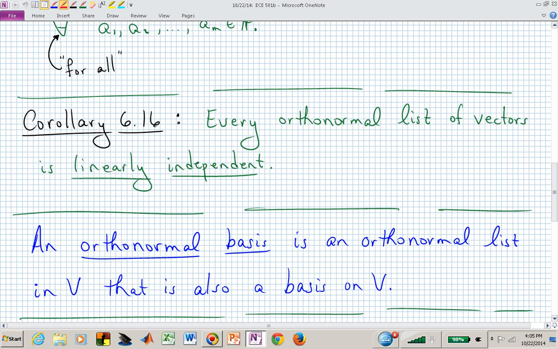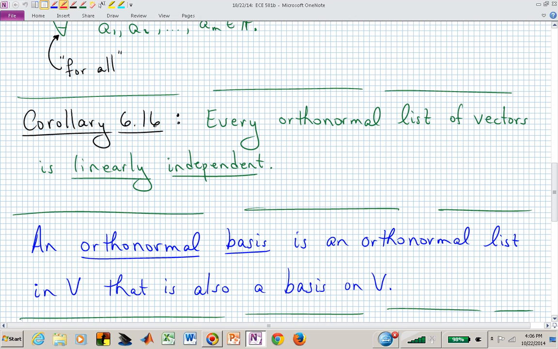What have we defined that to be in the past? A basis. It has to span the vector space, and those vectors need to be linearly independent. Here we are simply specializing that to have those vectors being an orthonormal list of vectors.